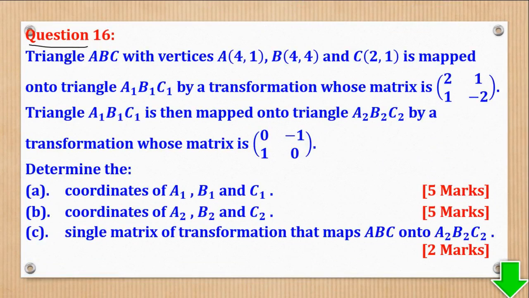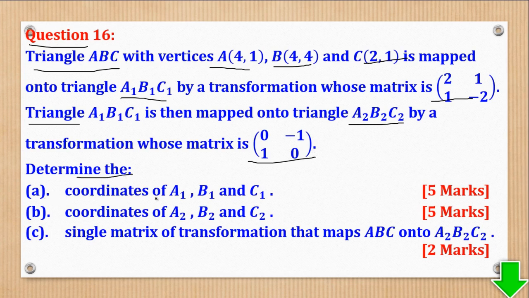Then question 16 says, triangle ABC with vertices (4,1) for A, (4,4) for B, (2,1) for C is mapped onto triangle A1, B1, C1 by a transformation matrix. This triangle A1, B1, C1 is then mapped onto triangle A2, B2, C2 by a transformation whose matrix is this.